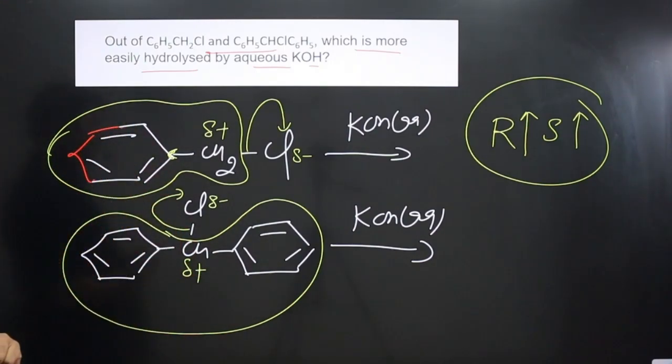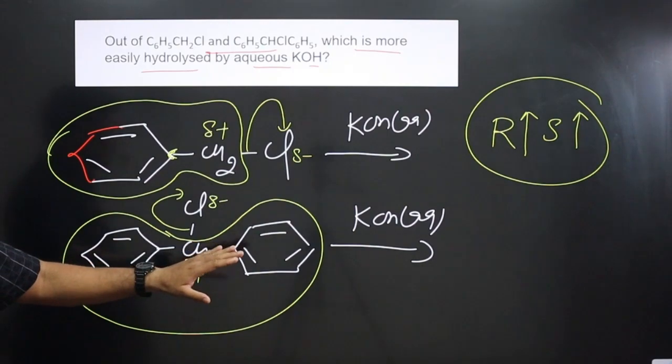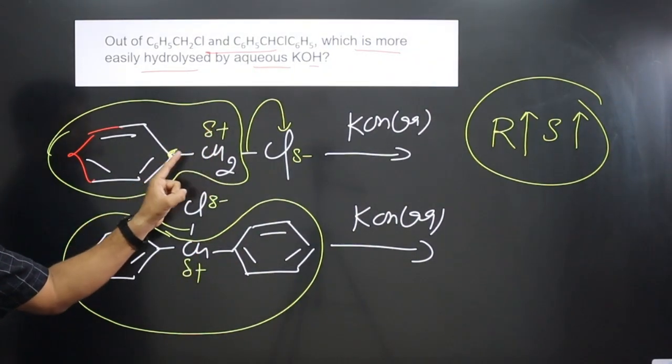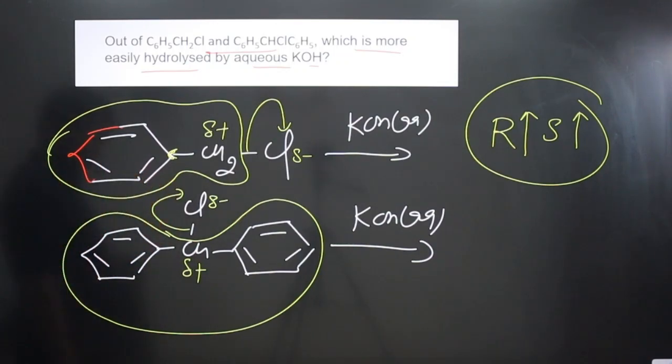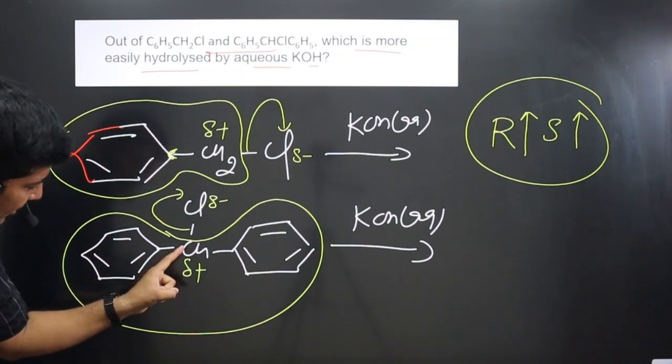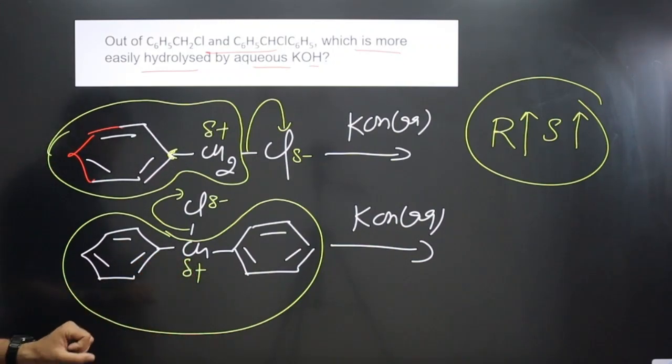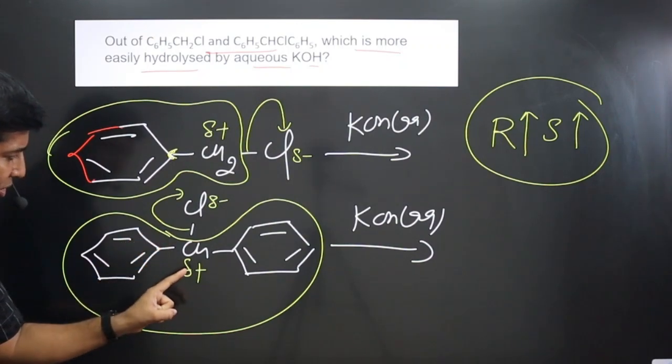We generated the carbocation, and the carbon having the positive charge is a part of resonance, because it is generating the conjugated system. Here also this carbon has the positive charge as part of a conjugated system: double bond, single bond, positive charge, and on this side also.